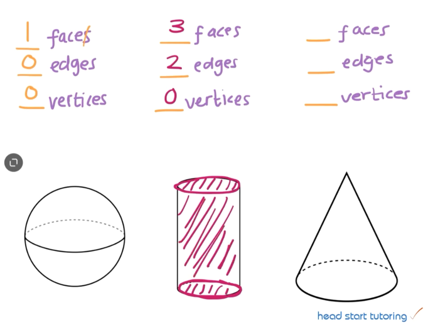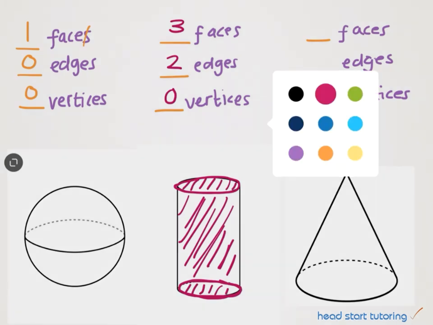So our edge joins 2 faces together. Even though we don't have any vertices, our edge still joins those 2 faces together. That is why we have 2 edges in our cylinder.